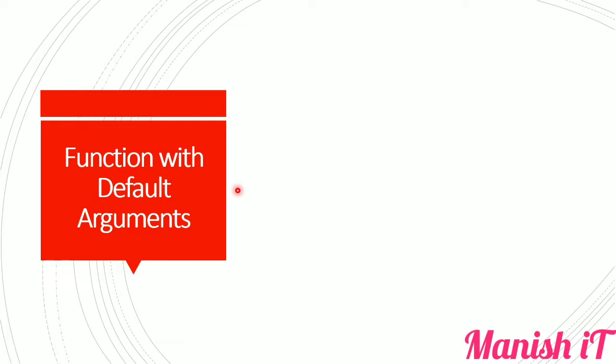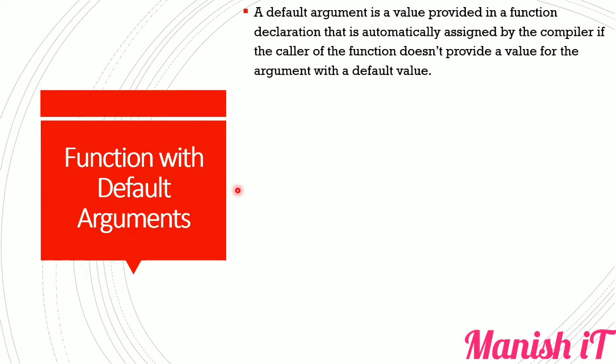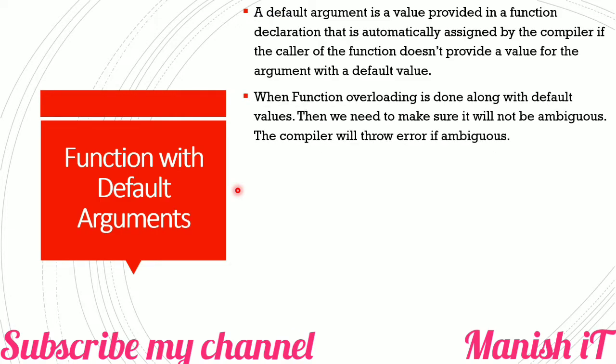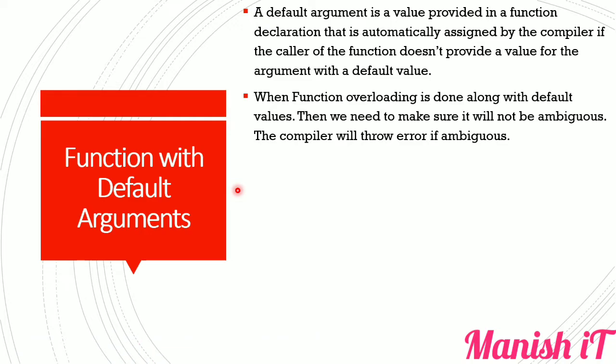It has some rules. A default argument is a value provided in a function declaration that is automatically assigned by the compiler if the caller of the function does not provide a value for the argument with a default value. Next, when function overloading is done along with default values, we need to make sure it is not ambiguous.